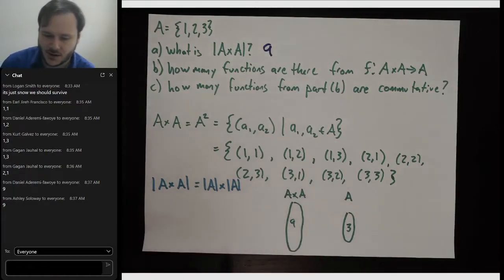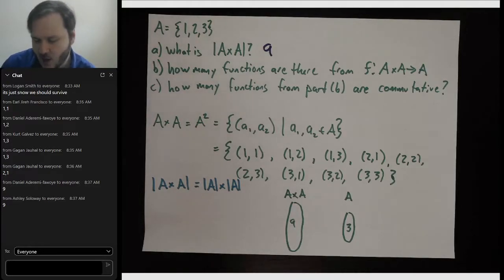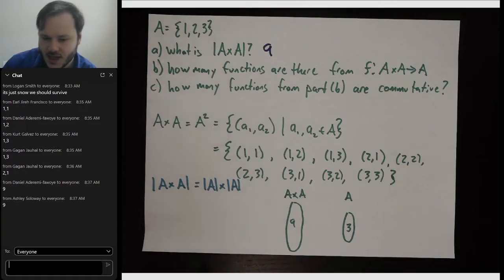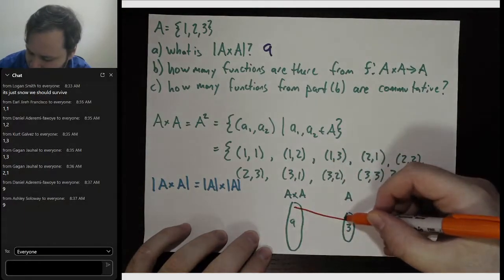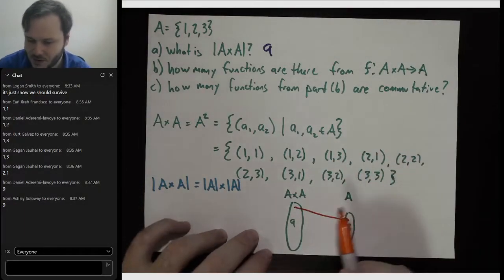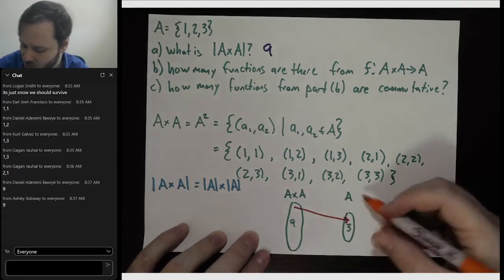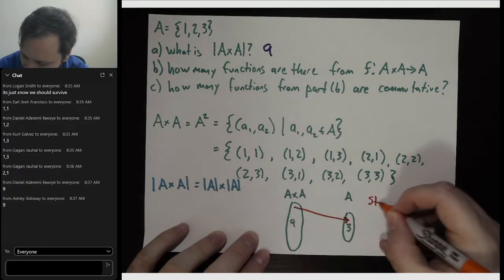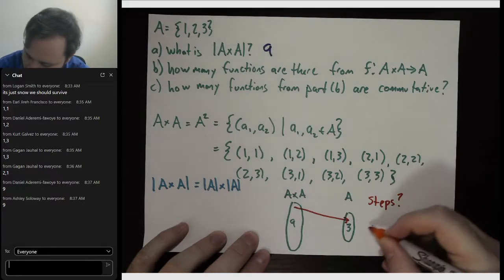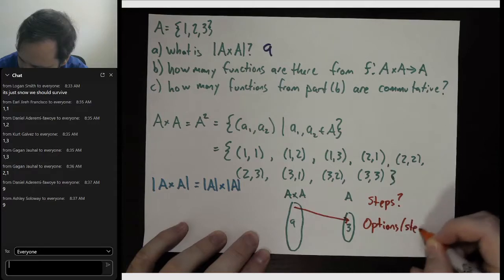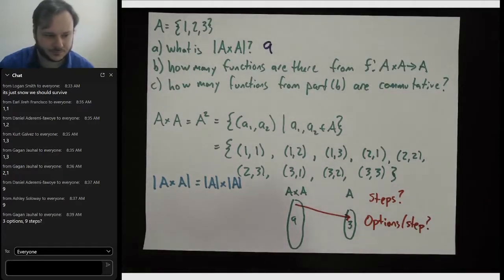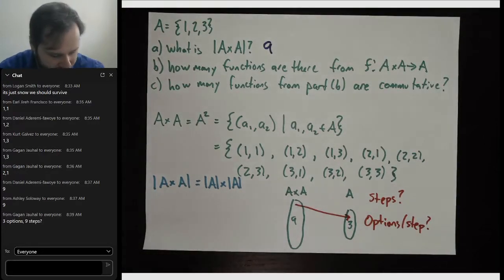So I want to do a rule of product process. I need to know 2 things. How many steps are in my process? And how many options do I have at each step? So I want to draw an arrow from here to here. That's 1 step in my process. How many steps and options per step? Three options, 9 steps.